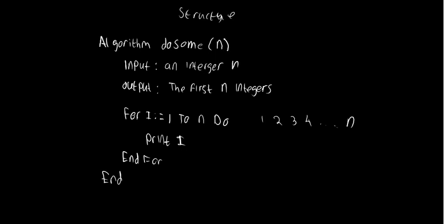Now we have flowcharts. Flowcharts are a diagrammatic way of displaying our algorithm. Everything we've discussed so far has a symbol in flowcharts. First, the oval signifies start and stop.